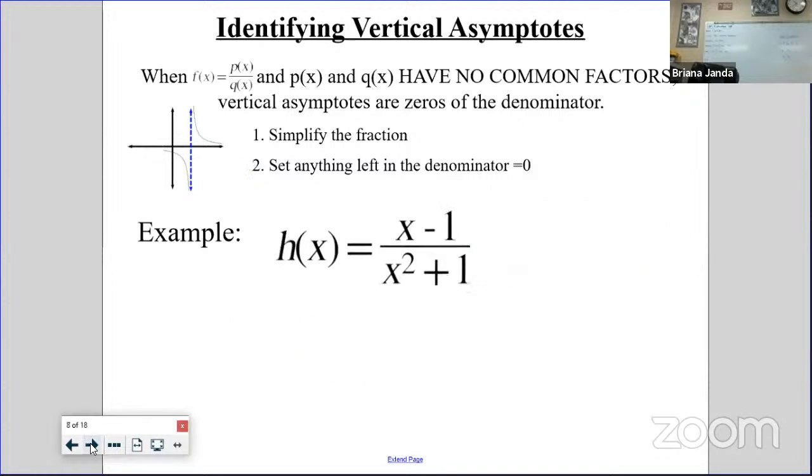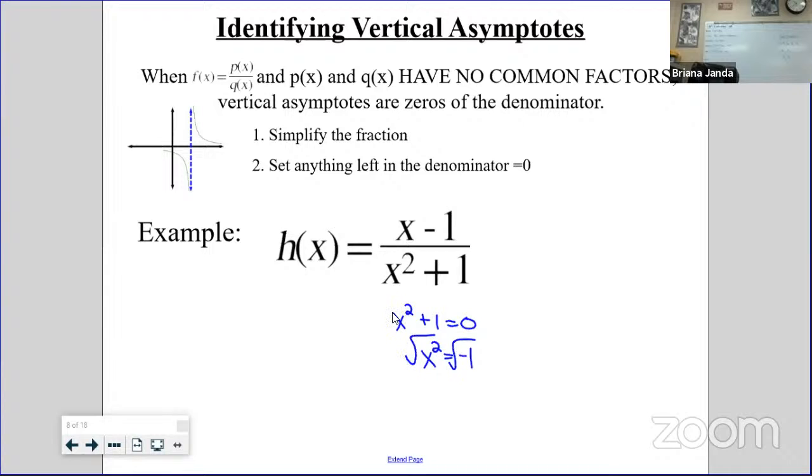Okay, so back to our warm-up. In our last example of vertical asymptotes, when I go to factor and simplify, does this one factor at all? No, so nothing simplifies. I am supposed to set the denominator equal to 0 to find my vertical asymptotes, but very similarly to our conversation at the beginning, what kind of a vertical asymptote am I finding?